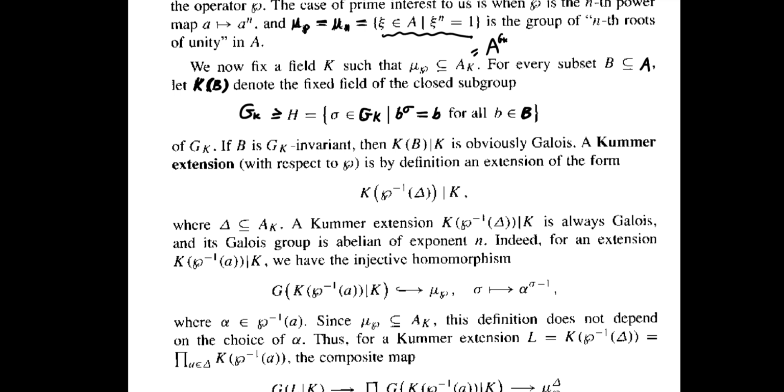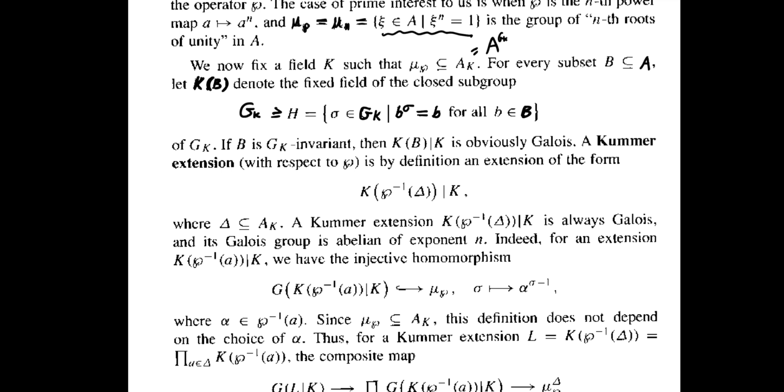If B is GK invariant, KB will be Galois. If all the elements fix B, then H is GK itself, so this is a trivial field extension in this case.